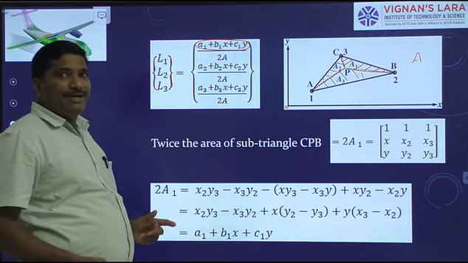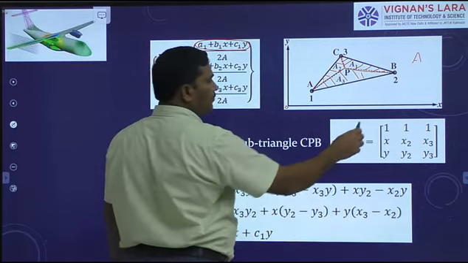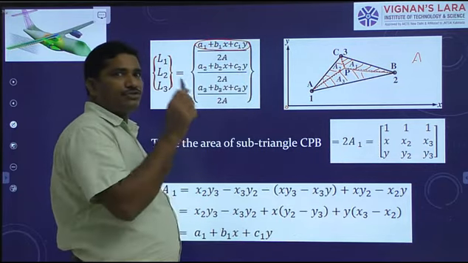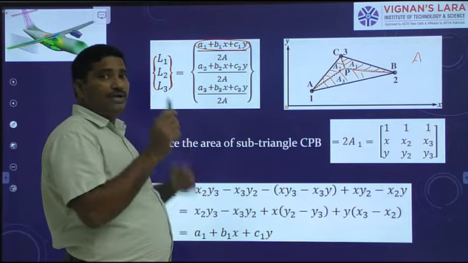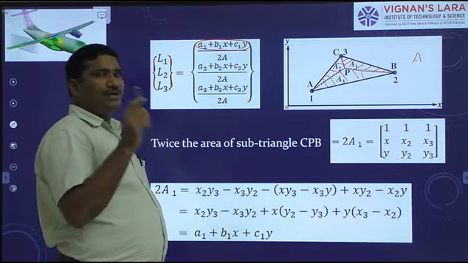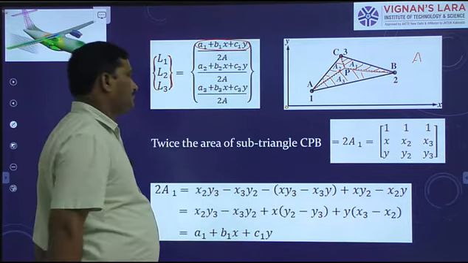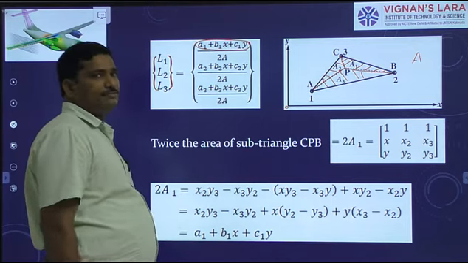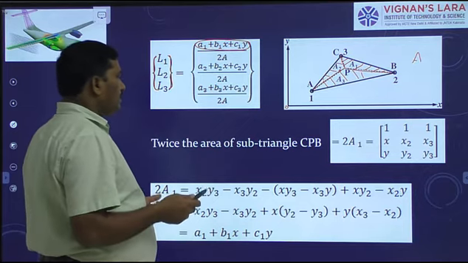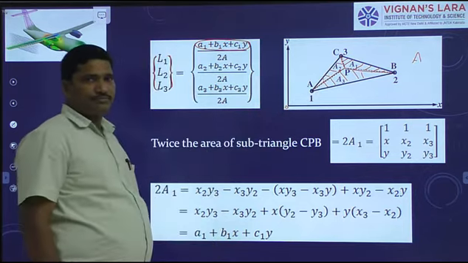We have determined the determinant of 1, 1, 1, x1, x2, x3, y1, y2, y3, and we have that value. Now, we determine the area of the first triangle, A1.